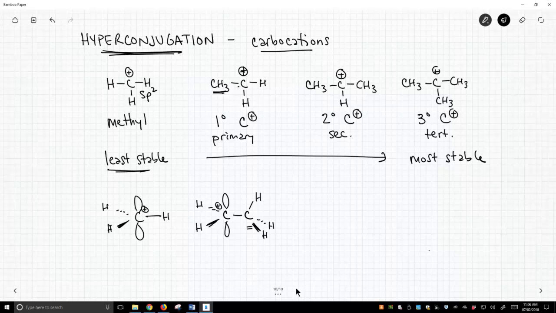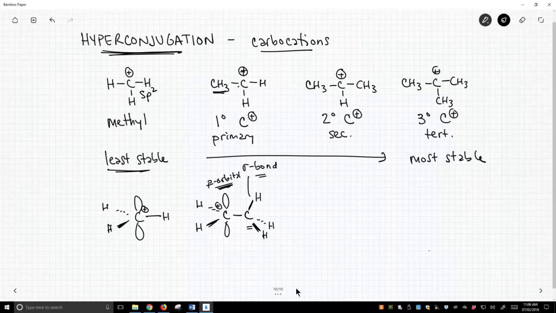A way people explain this is they say it's the neighboring CH bond, because remember, this is a bonding pair of electrons. This sigma bond is able to weakly overlap with our p orbital, and the filled sigma bond stabilizes the vacant p orbital.